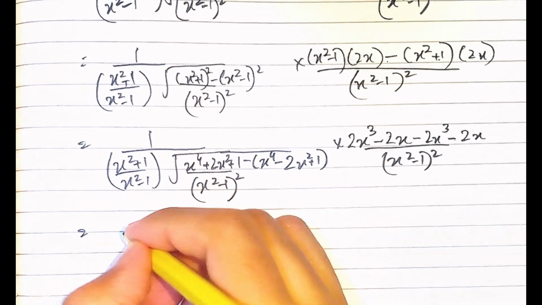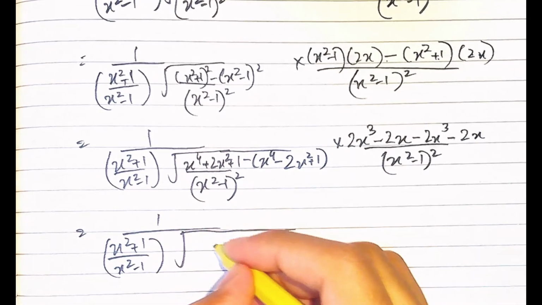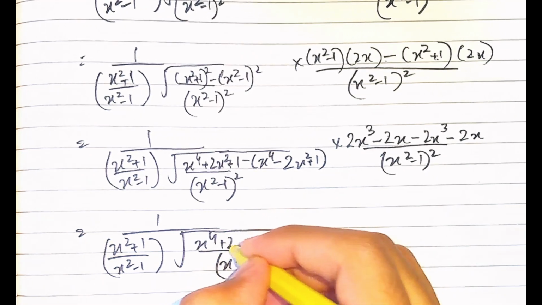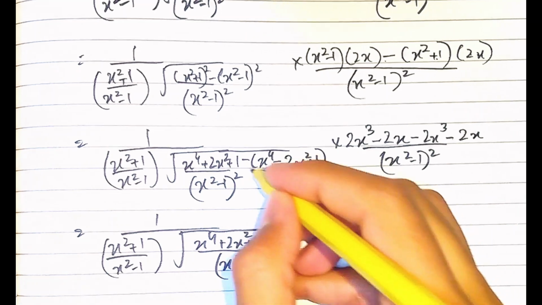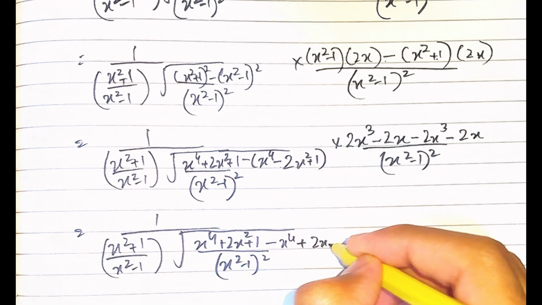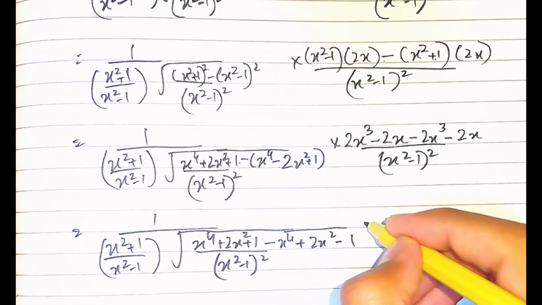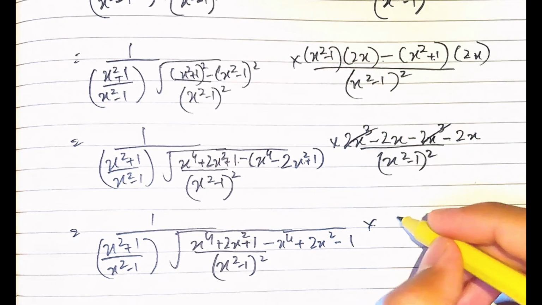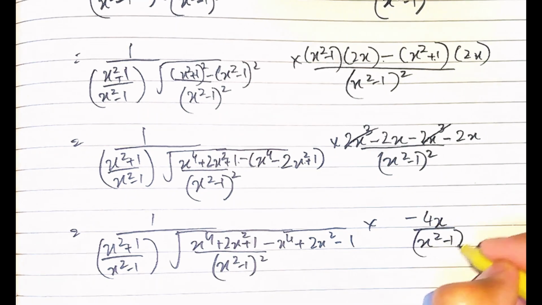So 1 divided by, so let's just write this denominator first of all, x4 plus 2x square plus 1 minus, let's just multiply this negative sign. So we have negative x4, negative negative positive 2x square, then negative positive negative 1, okay, so multiplied by, now these terms will be cancelled and negative 2x negative 2x gives us negative 4x divided by x square minus 1 whole square.